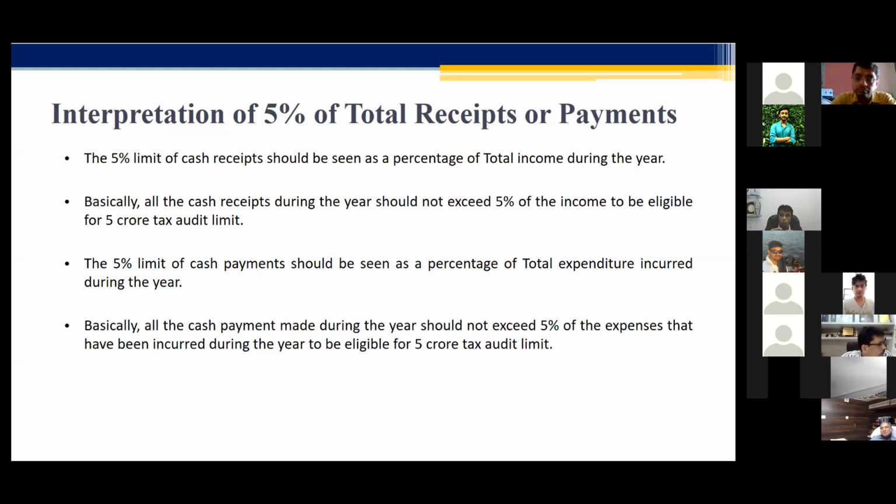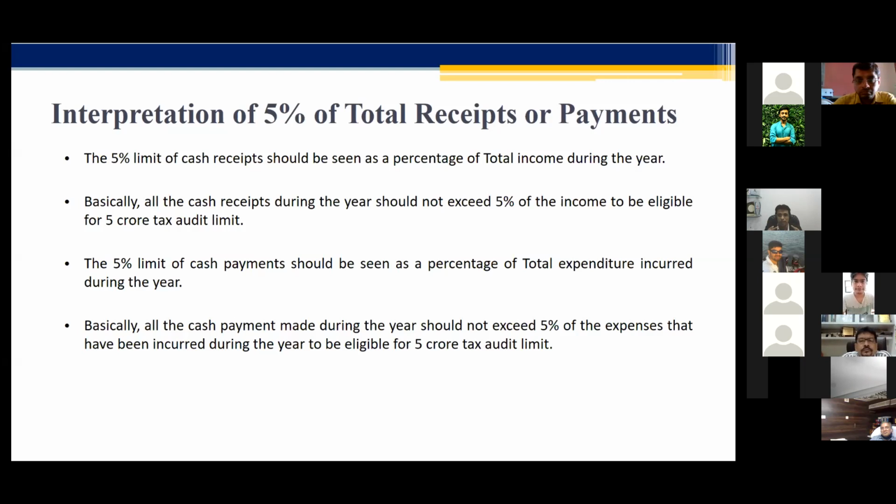And therefore, when we talk of total receipts, all payments, all amounts received, irrespective of whether it's in the nature of income, whether it's towards sales, or whether it's towards any balance sheet item, why should it not be considered in the discussion? Because the language of the particular section is used in such a way.